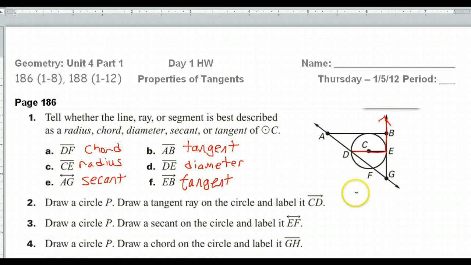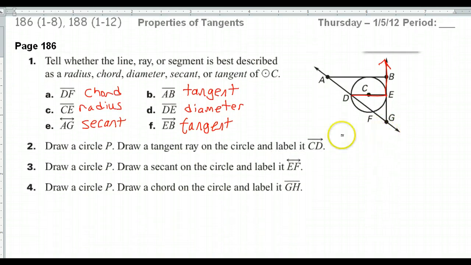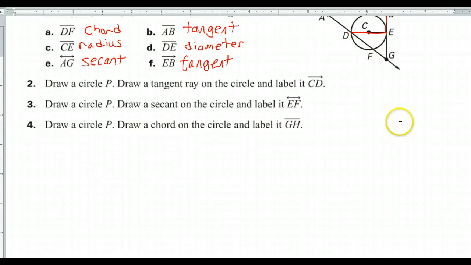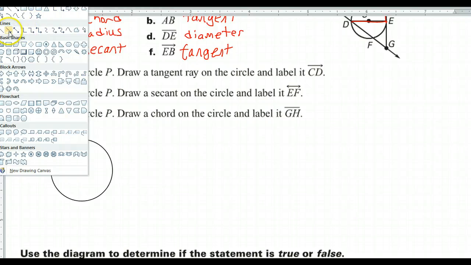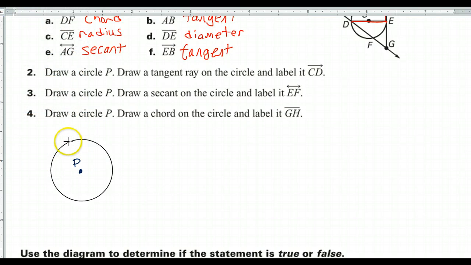Okay, all right. Number 2, draw a circle P, draw a tangent ray on the circle, and label it ray CD. So here's circle P. When it says circle P, that just means P is the center of the circle. Now we're supposed to draw a tangent ray and label it CD. So a tangent ray might be something like this.